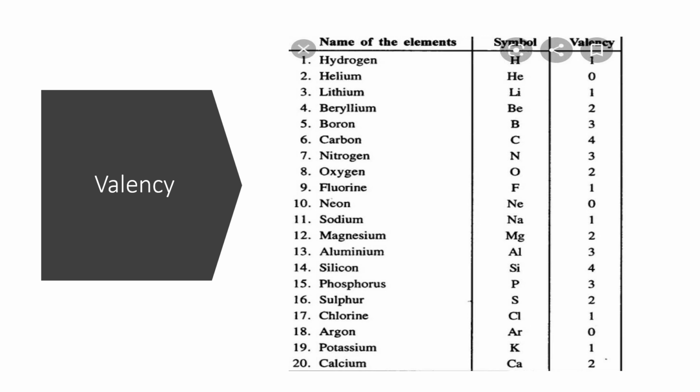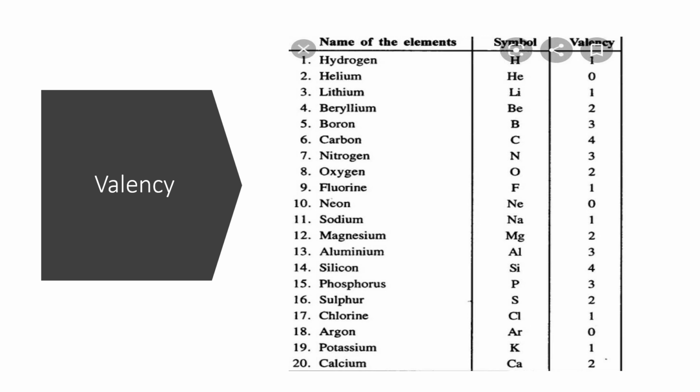Now looking into valency, as I said, this is the combining capacity of an atom. Let us see that different atoms have different types of valencies. Now these are the elements. Looking at the previous chart, we had the atomic numbers for all these 20 elements. Hydrogen had an atomic number of 1, helium 2. Similarly, different atoms have different valencies. A particular group has a fixed valency.